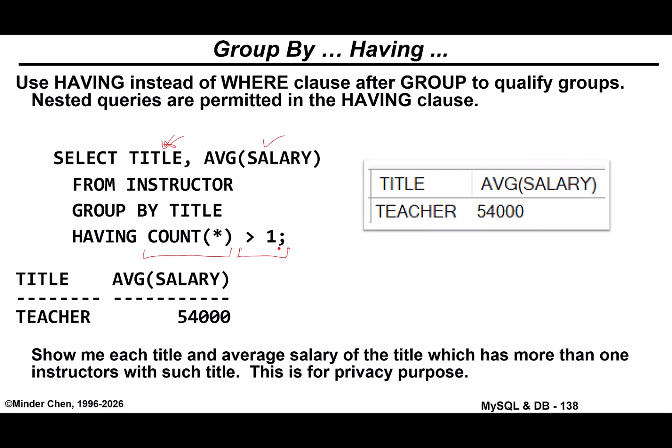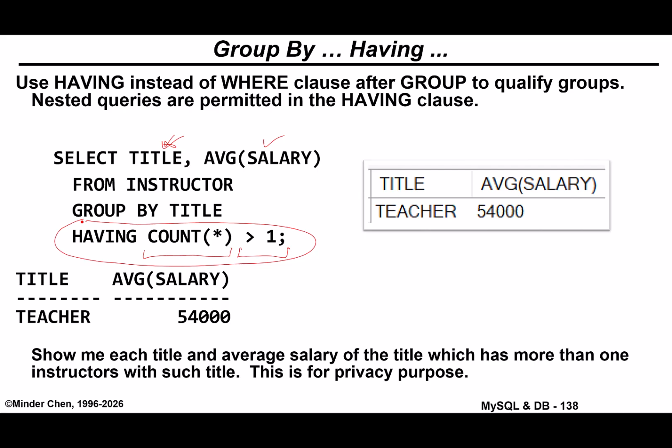So if salary is not public information and you do want some aggregated statistical data about salary based on the title, then this will prevent you from revealing, in that special case, an individual's salary.